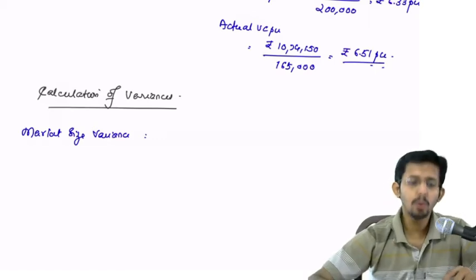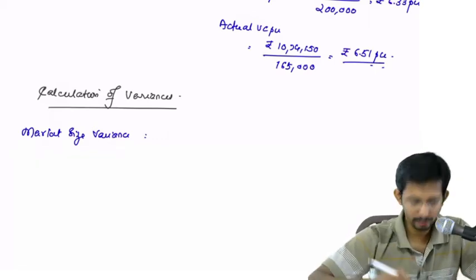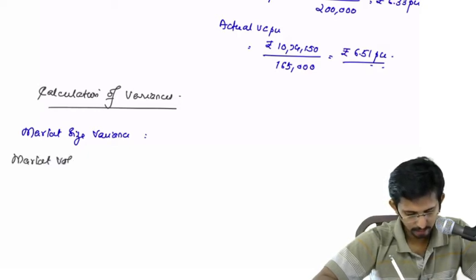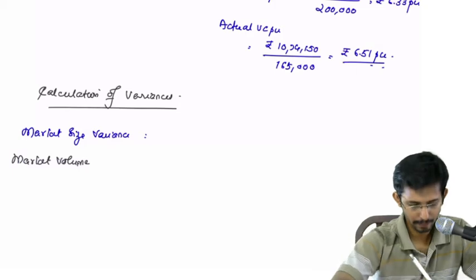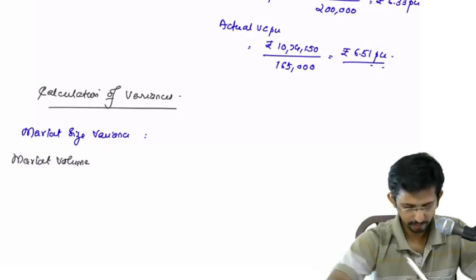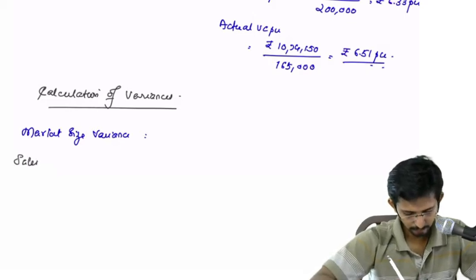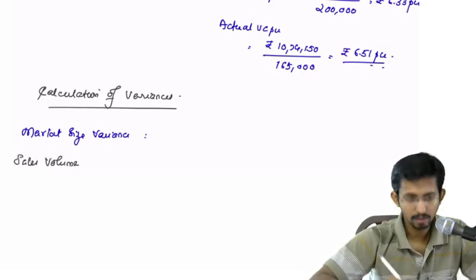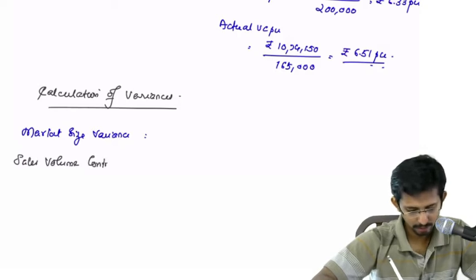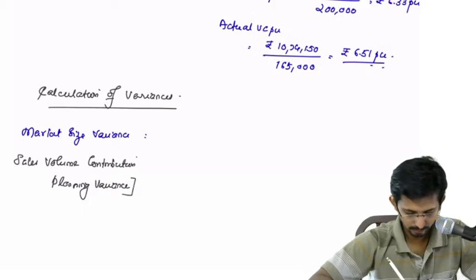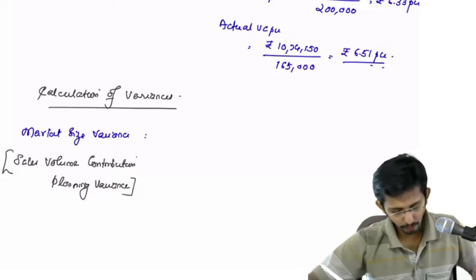So you can also call it the sales volume contribution planning variance. Now what is the formula for this?